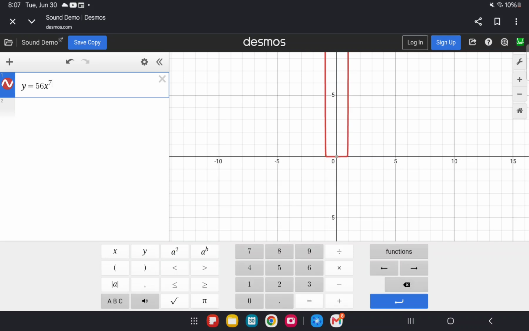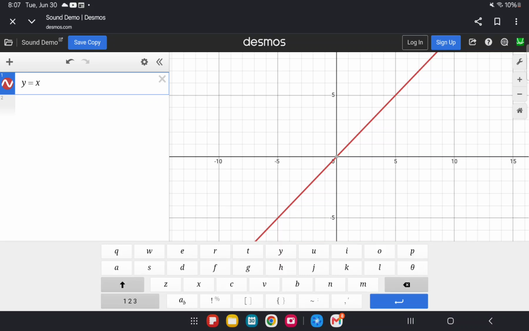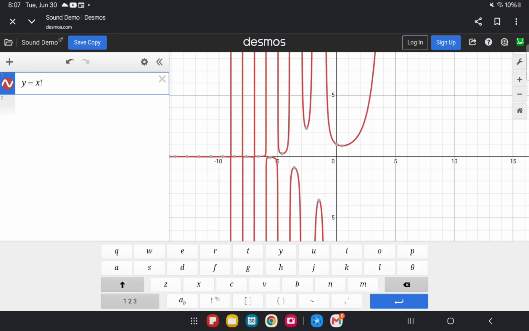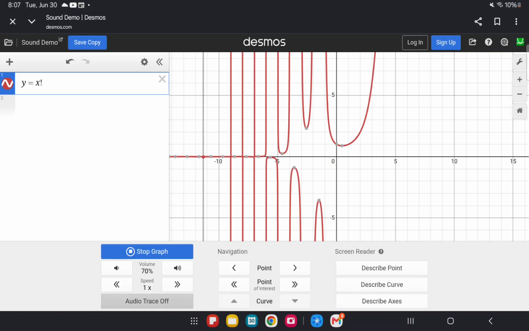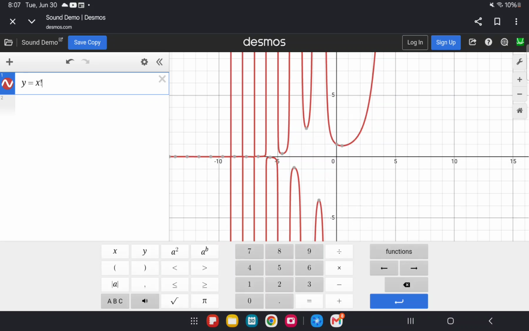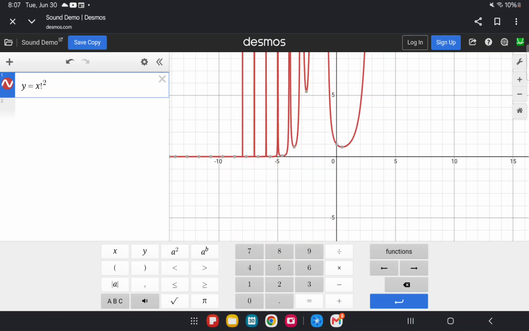Y is equal to x factorial. Hear it. Add 1 to it. You make numbers grow. Square it.